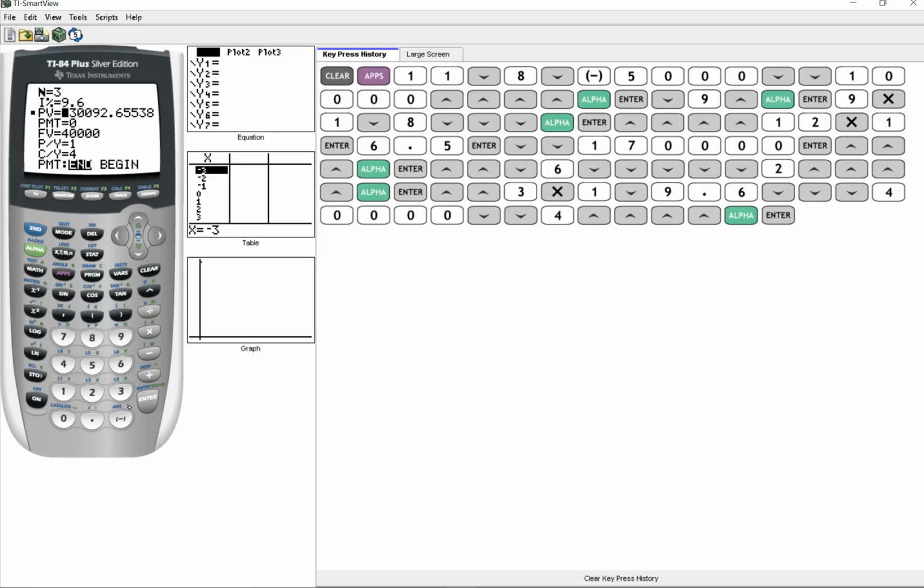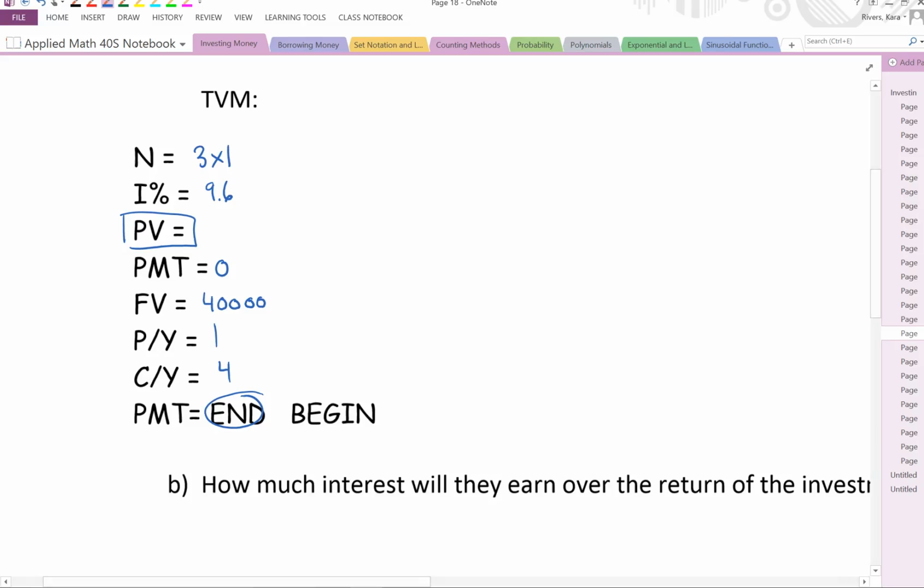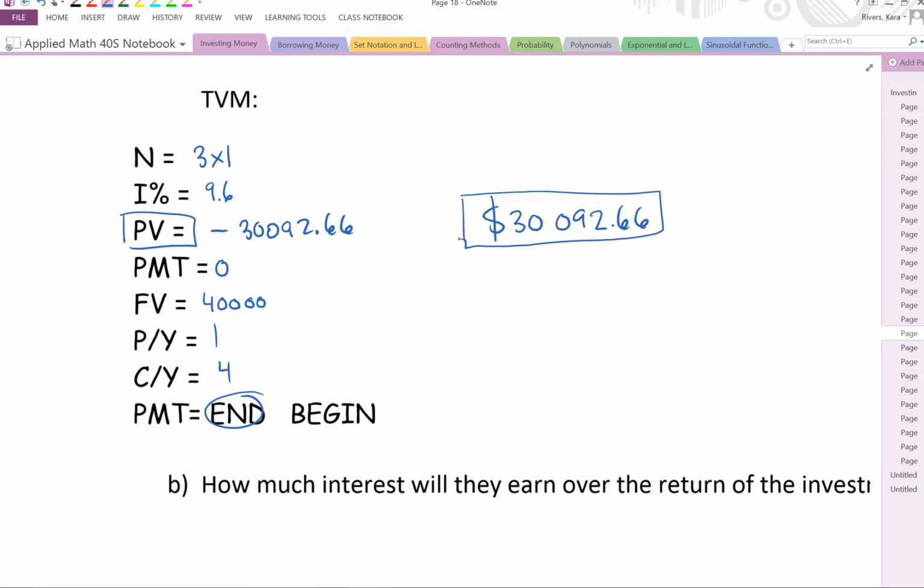And we get $30,092.66. Stating that as a dollar value, when you're stating your answer, make sure you have a $ sign and 2 decimal places. So you can see, the more you do this, you get used to what goes into which variable, and then it's just plugging it into the calculator and getting your answer.